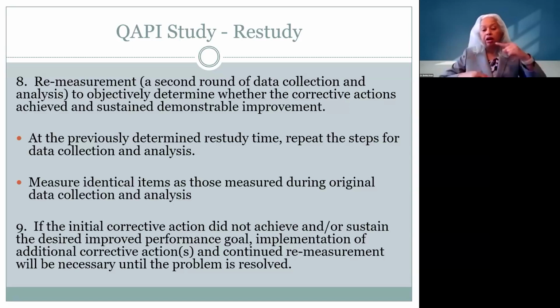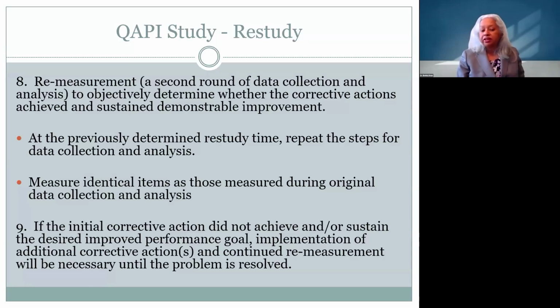And you're going to keep going over and over between step 7 and step 8, implementing a corrective action and remeasuring. You're going to keep doing that until you achieve the performance threshold that was identified by your board in step 2.